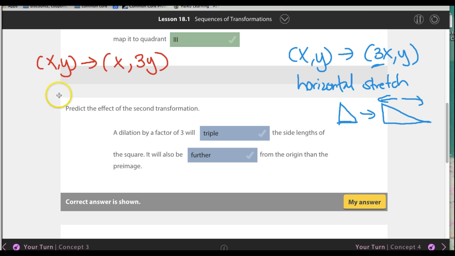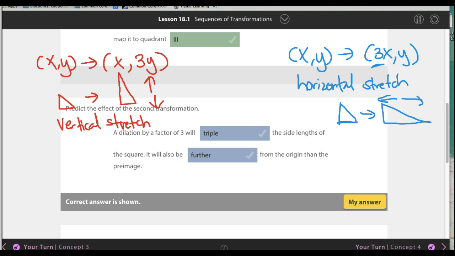In that case, if you started off with a triangle like that, after the transformation, your x will stay the same, so the width will stay the same, but the length will be 3 times as long, okay? And this is what we call a vertical stretch, because we are basically stretching up and down. You see how the triangle is the same width, but then the height went up by 3.